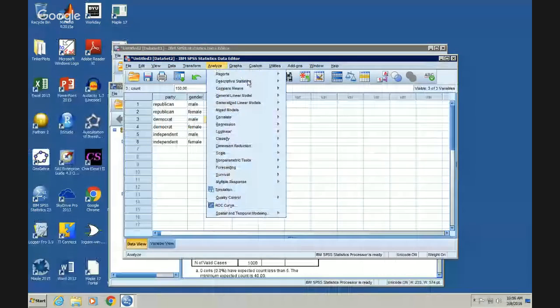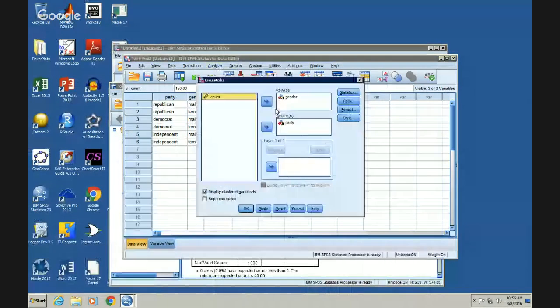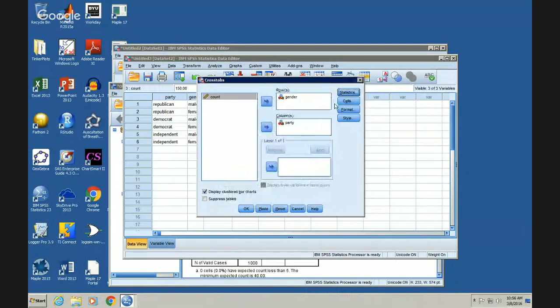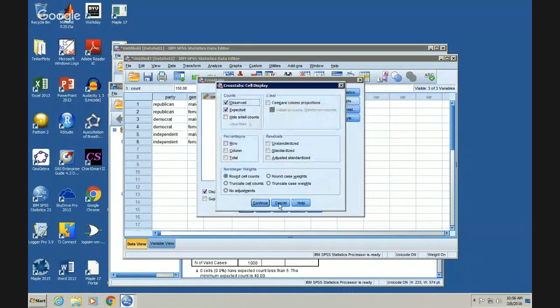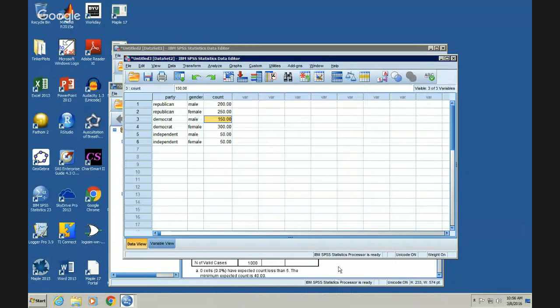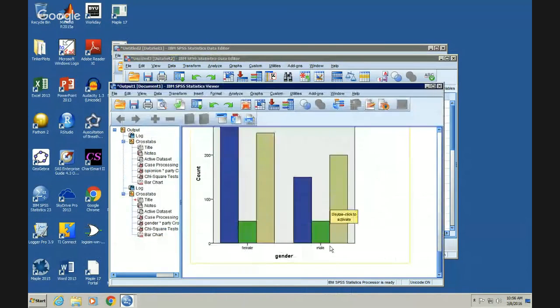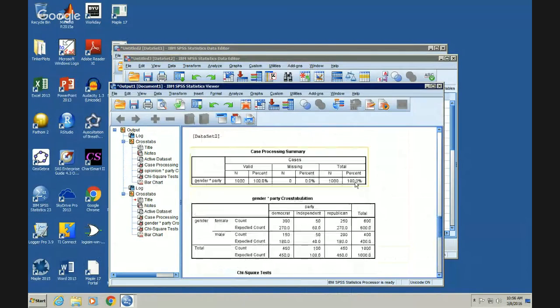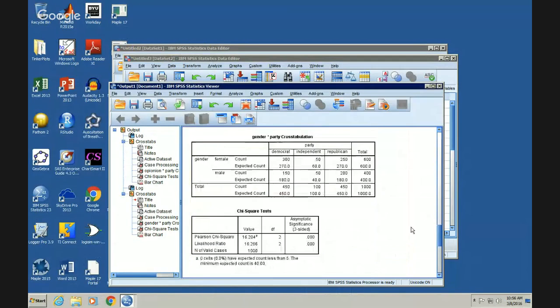Then I put party in columns, gender in rows, and then I clicked statistics and chi-square. And then cells, observed and expected. Then I display cluster bar charts, and then I hit OK. I forgot to do that. So then I've got a bar chart down here. I've got my chi-square tests, which will give me my x2 and all my stuff. And the descriptives will give me my expected counts.